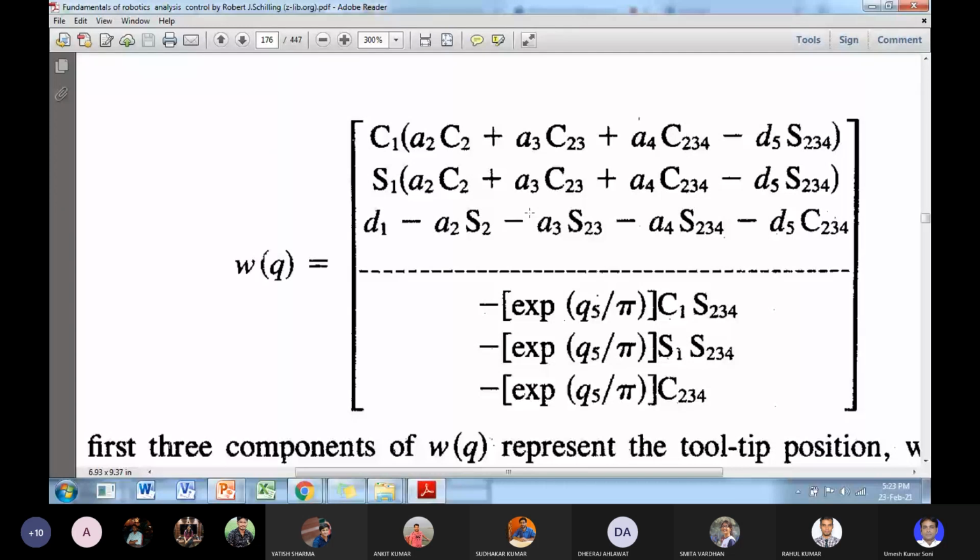So five elements, five vectors. Totally five vectors will be there with different elements. These are the partial derivatives with respect to different joint variables. So you find out these.